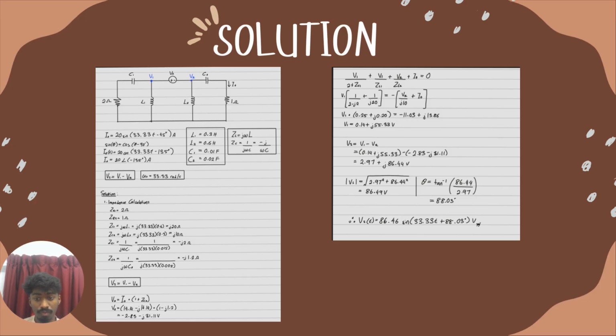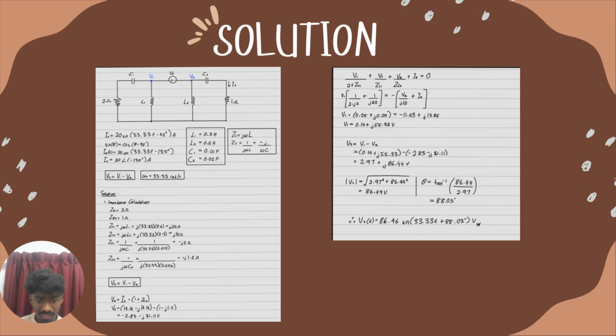We move to the second step, which is solving for node V2. Since the output current IO is known, we calculate the voltage of the right side node, V2, first. The current IO flows down through the rightmost branch, which contains a resistor of 1 ohm and the capacitor C2 in series.